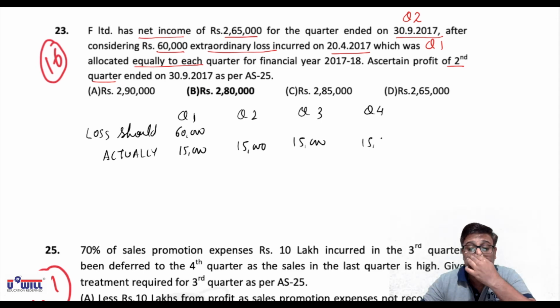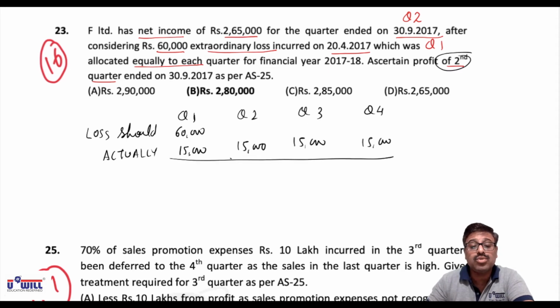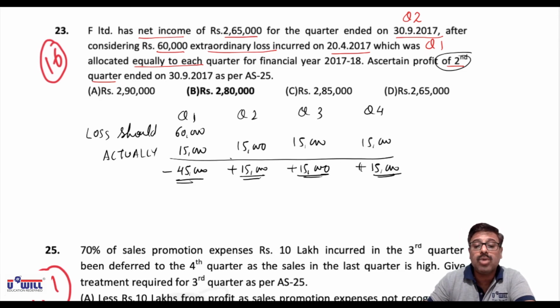Now we are asked the answer for second quarter. So in second quarter what are we supposed to do? First of all, in quarter 1 we should have taken 60, we have taken only 15. So further, if you take 45,000 of loss, the profits will decrease. And in all other quarters, if you remove the loss, the profits will increase. We are asked particularly for quarter 2.